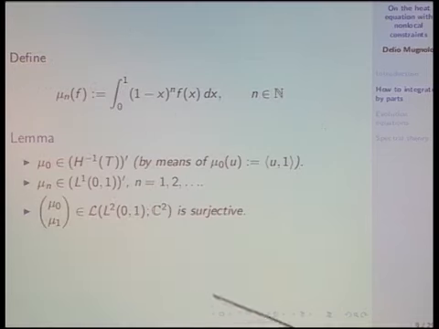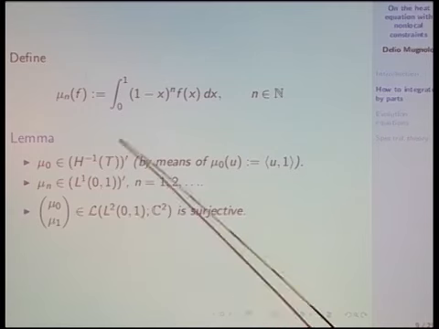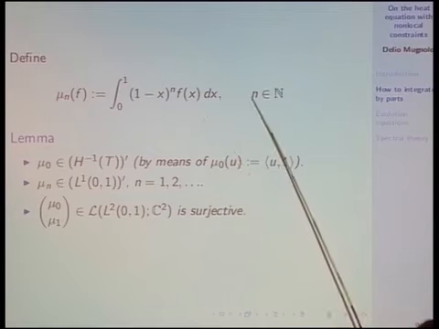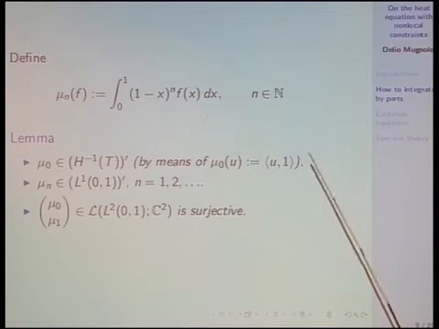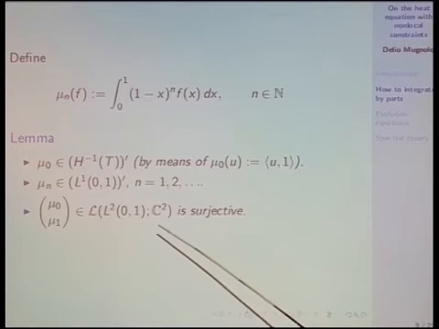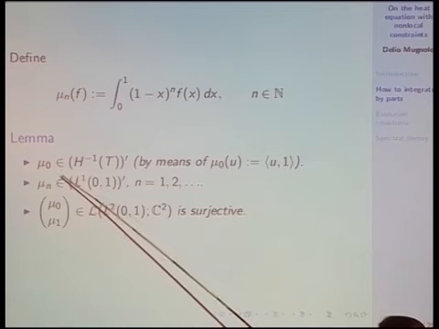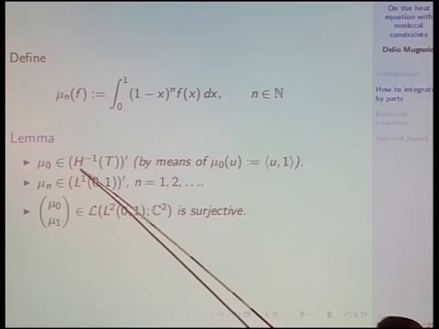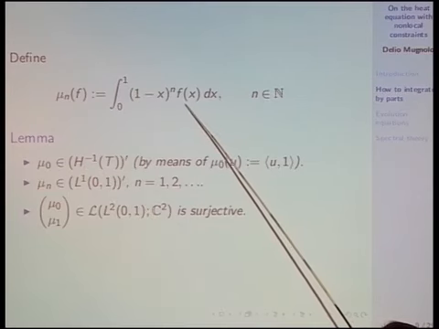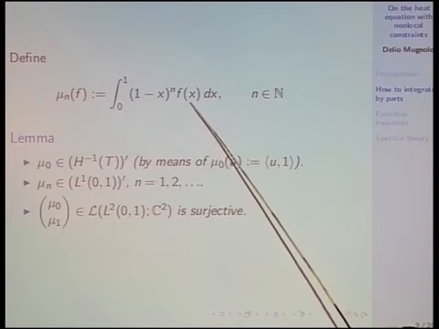So let me define the moments of order n of a function. They are just defined like this for all natural numbers. And then, just by Hölder inequality, you can define them for all L1 functions.